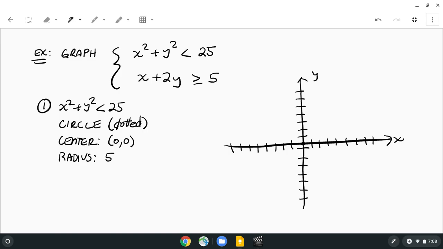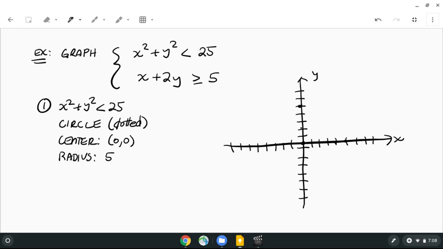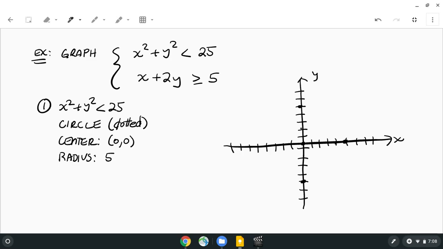The radius is 5, so I'm going to go 5 units north, south, east, and west. 1, 2, 3, 4, 5. I can already tell it's going to be a little sloppy here, but it's going to be a dotted, not a solid circle. So do the best you can.